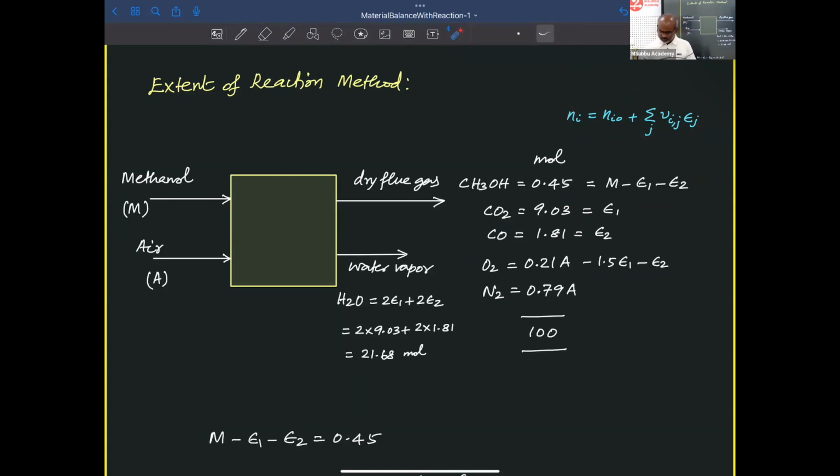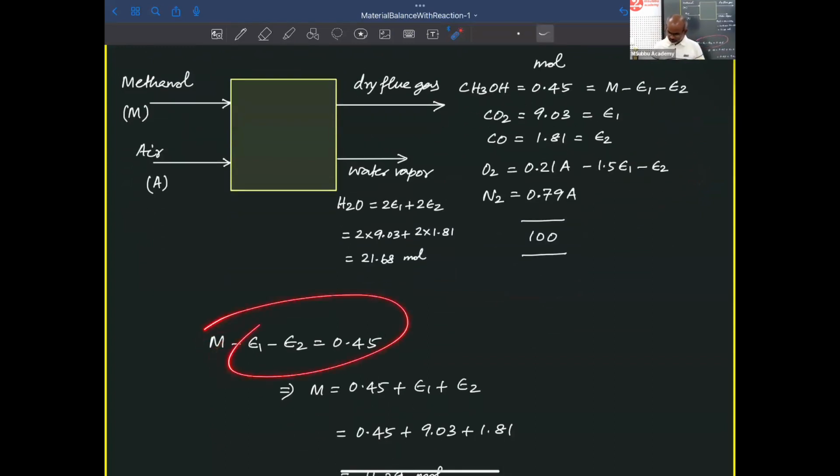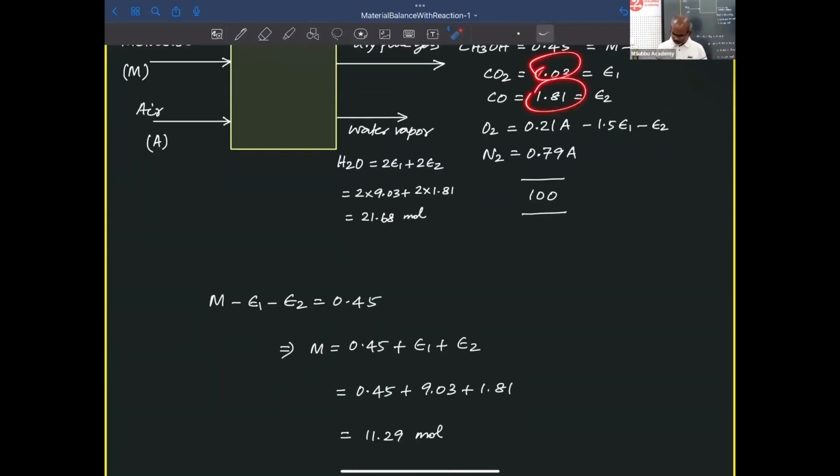Now we can easily say what E1 and E2 are, and from that we can also calculate M, because this equation comes from the balance for methanol, where methanol in the product is 0.45. So that also gives an equation. E1 and E2 are available here.